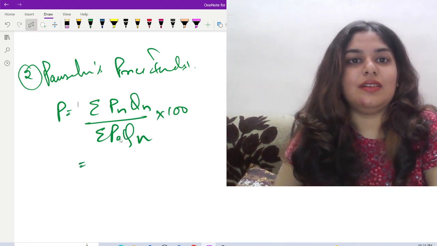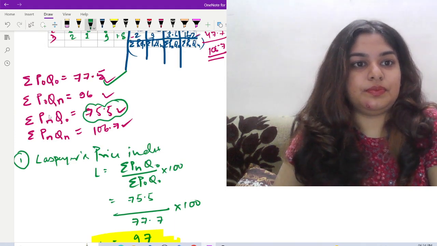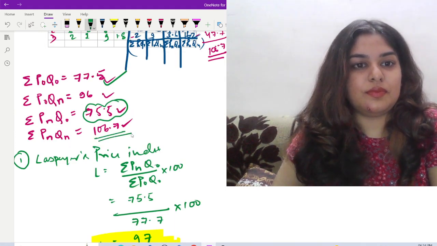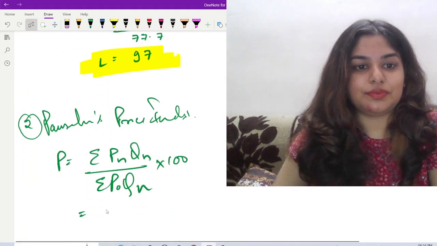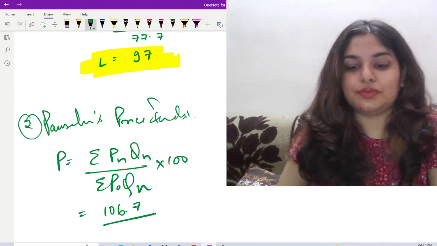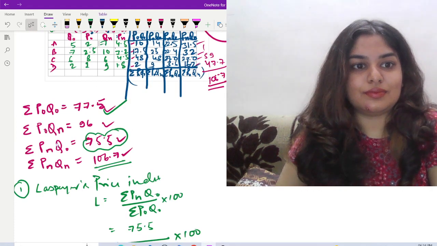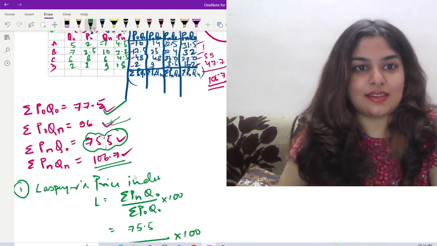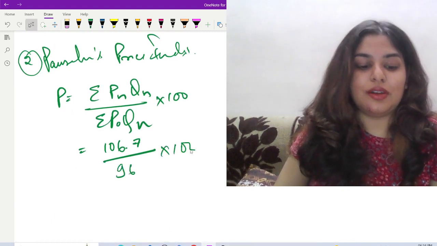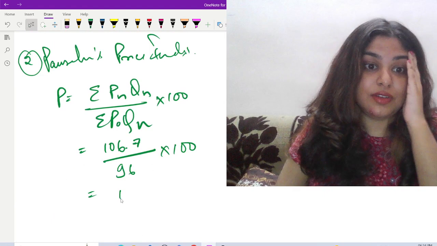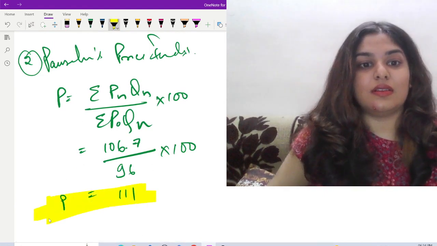And the values are 106.7 by 96 into 100. So after calculating, you will get the answer as 111. So the Paasche's price index number is this.